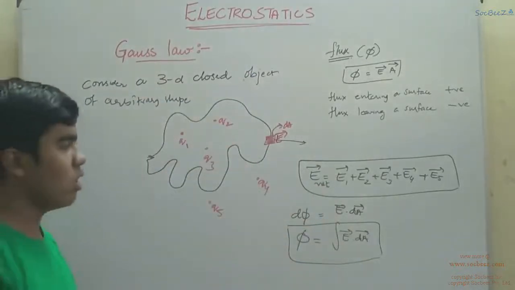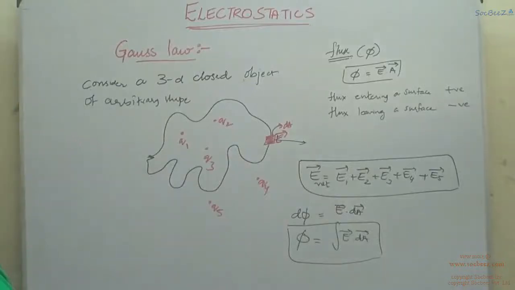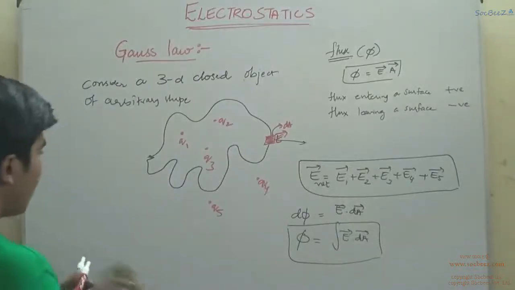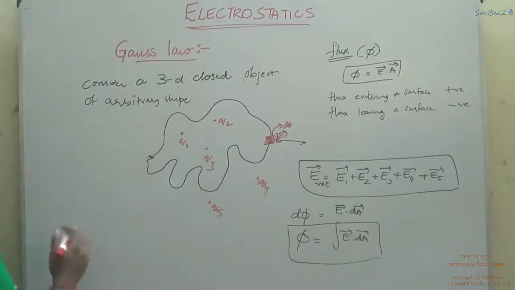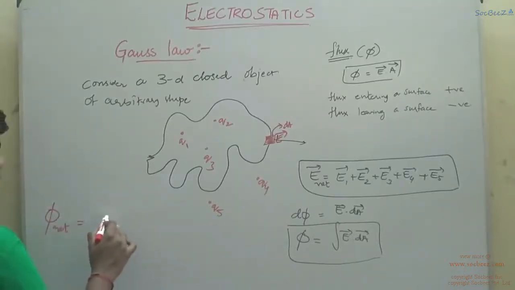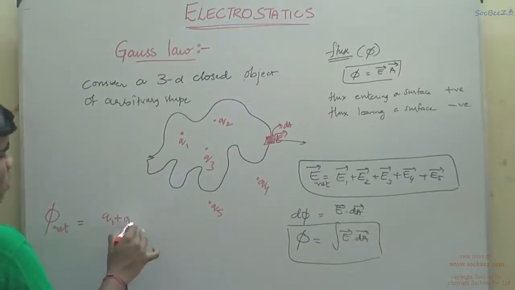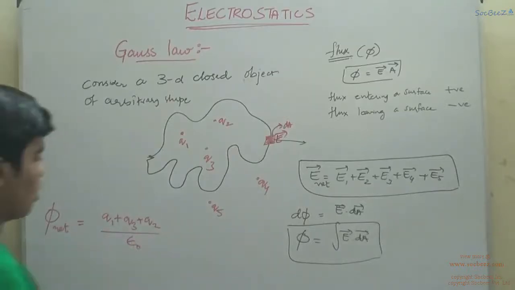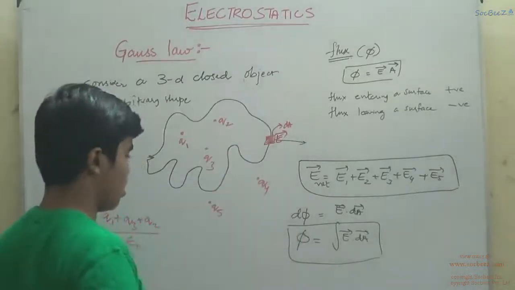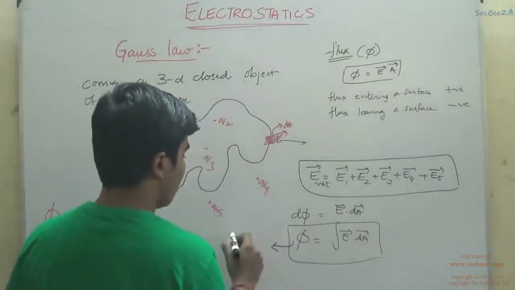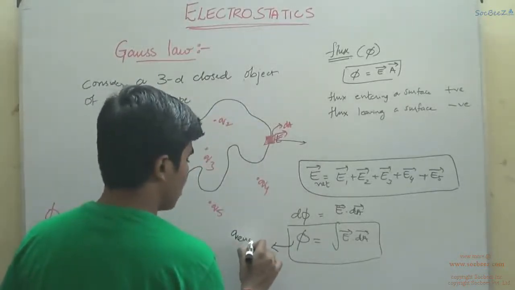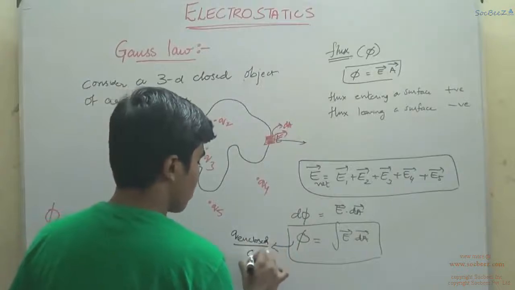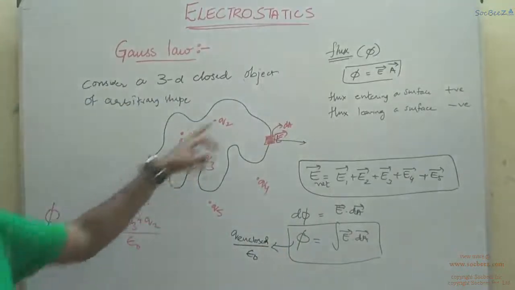Now, according to Gauss law, this net flux phi, which is the net flux through the surface, is equal to Q enclosed, which is basically Q1 plus Q2 plus Q3.